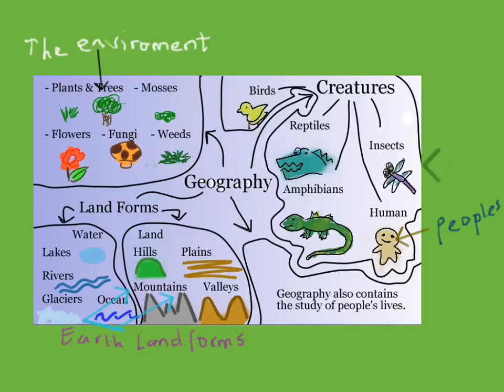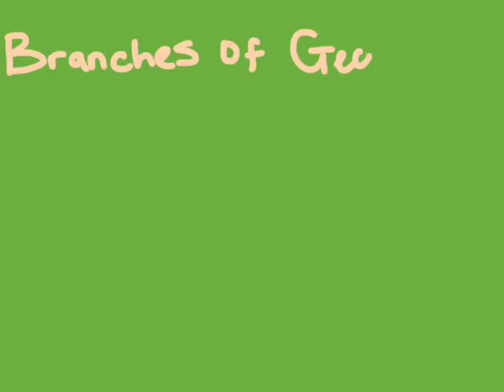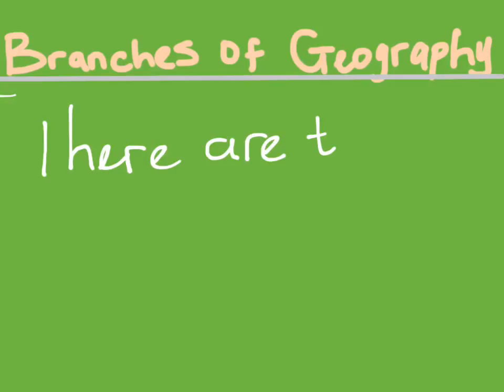Again, when we talk of geography being the study of the Earth's creatures, we mean geography studies birds, reptiles, insects, and amphibians. And lastly, when we talk of geography being the study of peoples, it means geography also contains the study of people's lives.